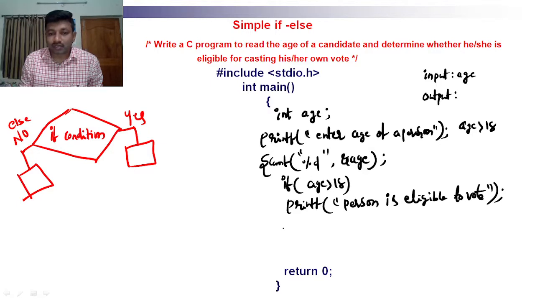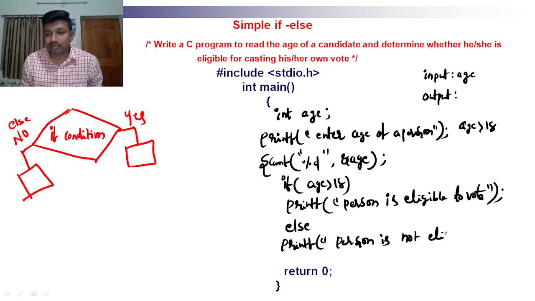Otherwise, if the age of the person is less than 18, what do we say? Else printf, person is not eligible to vote.